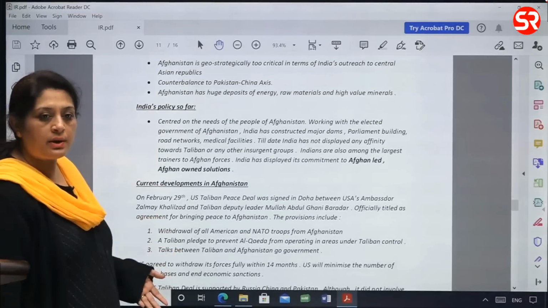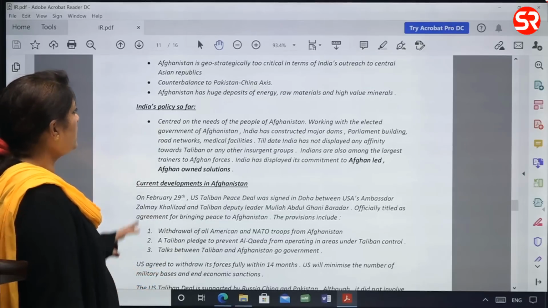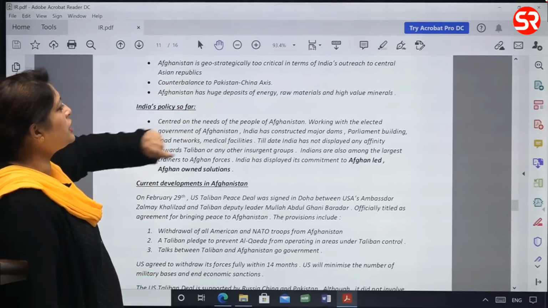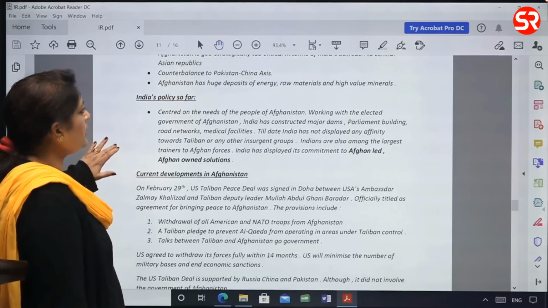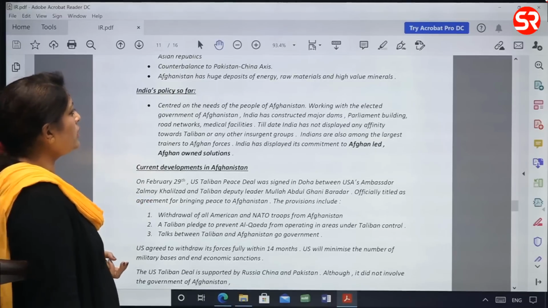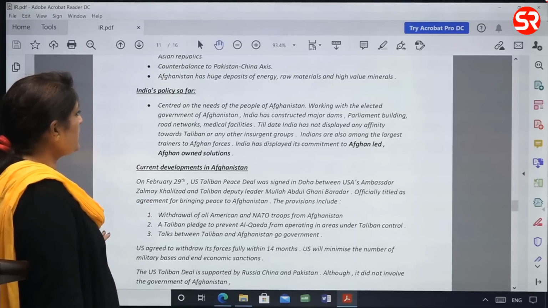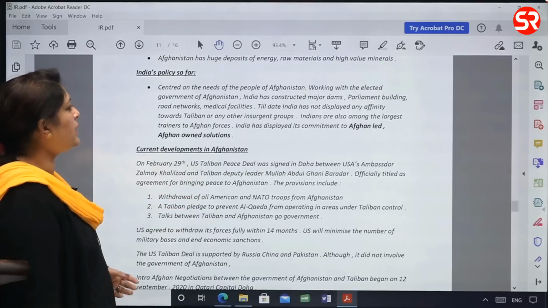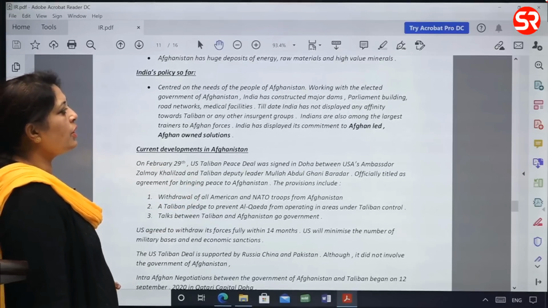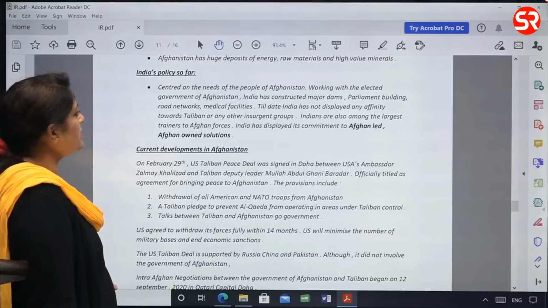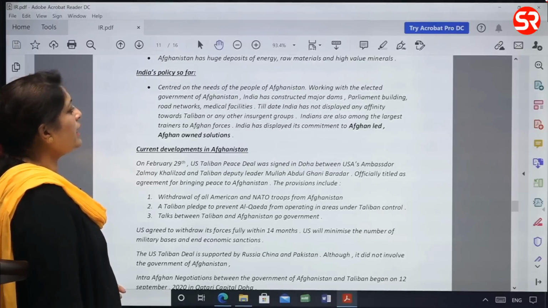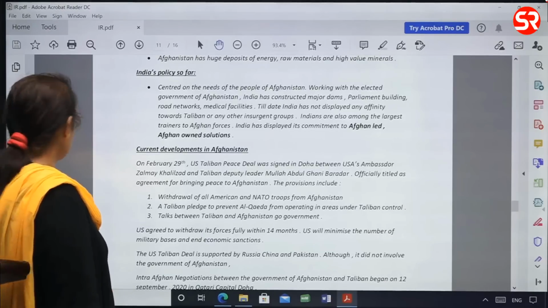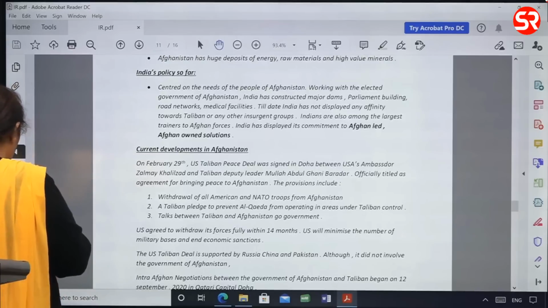Afghanistan is geostrategically too critical for India for its reach to Central Asia, counterbalancing the China-Pakistan axis, and it has huge deposits of energy and raw materials. India's policy so far has centered on the needs of the people of Afghanistan. We worked with the elected government and constructed dams, the parliament building, road networks, medical facilities. We have not displayed any affinity towards Taliban up till now.